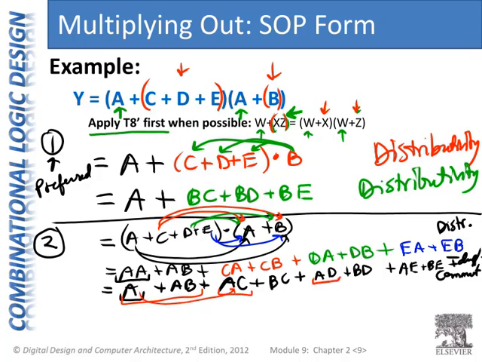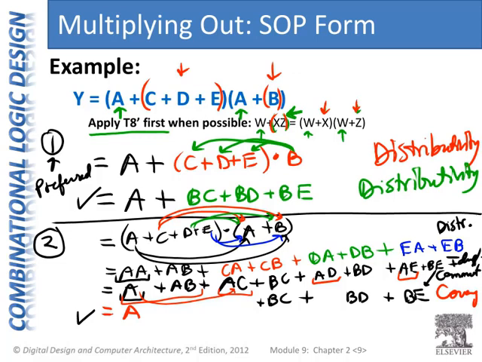A or A and D, A or A and E, those all are covering. So those terms are reduced to just A using covering. And then we bring down the remaining terms, or BC, or BD, or this last term, B and E. And we end up in the same place that we did before.